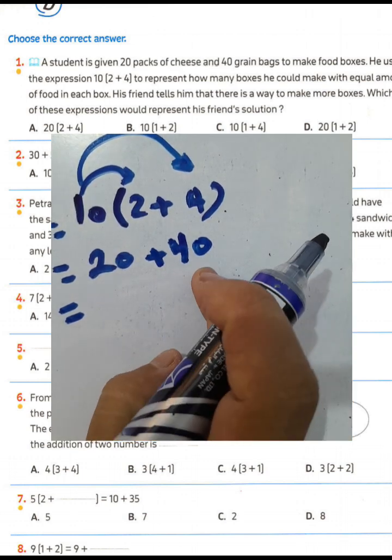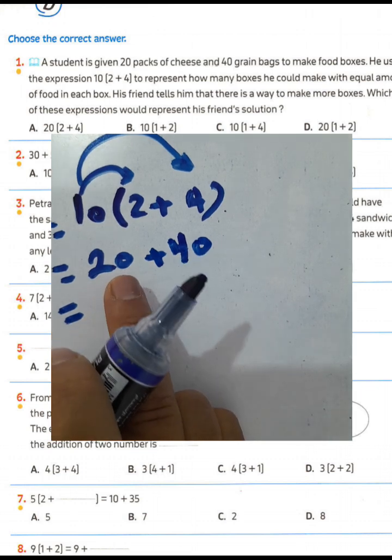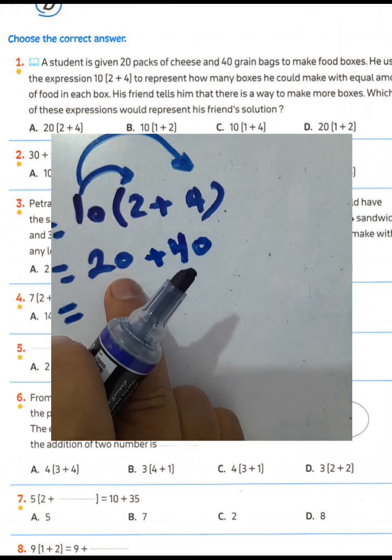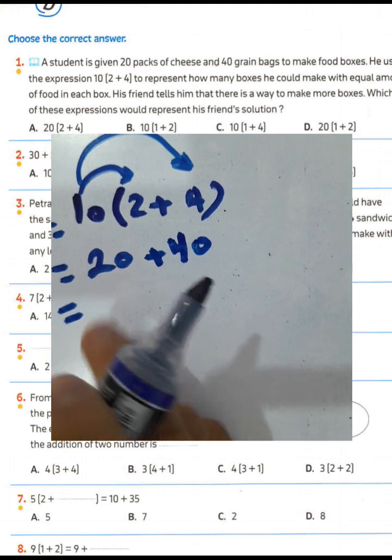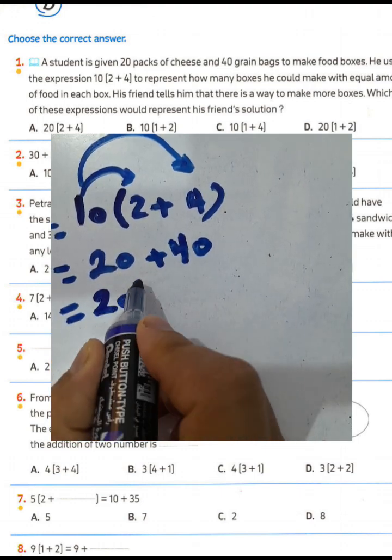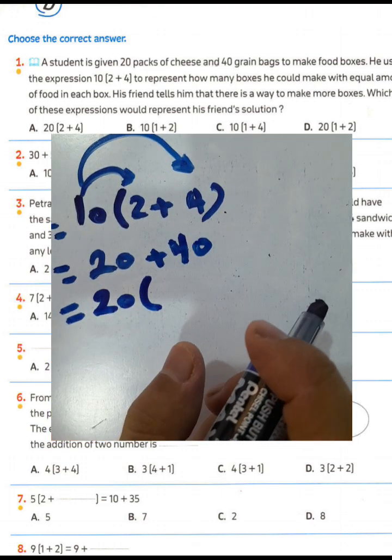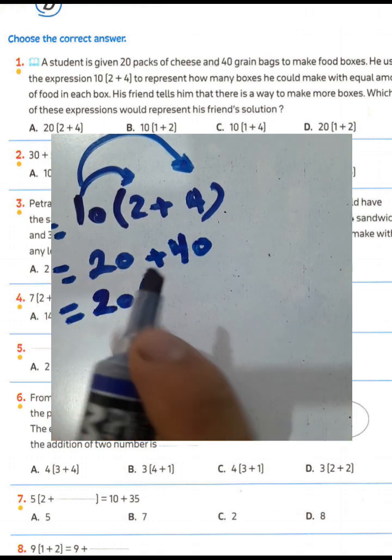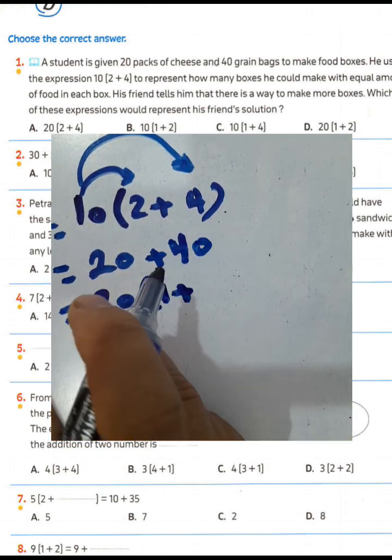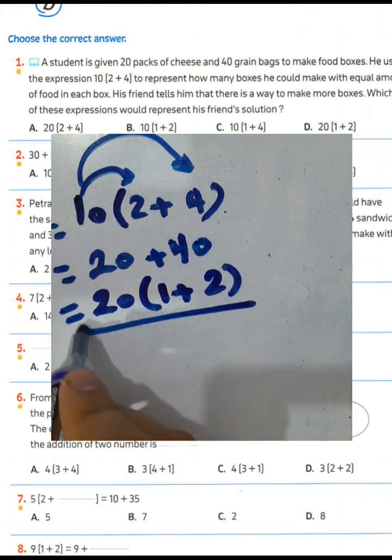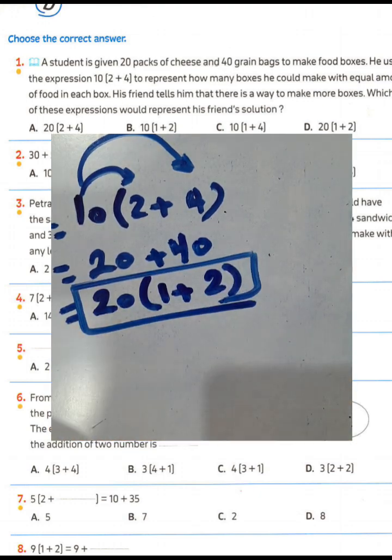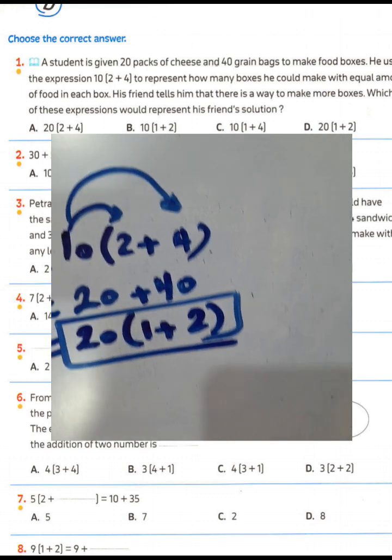We know 40 can be divided by 20. 20 is the highest common factor between them. Then you can write 20 outside, the coefficient between two numbers here. 20 divided by 20 equals 1, and 40 divided by 20 equals 2. Then you can write this expression 20 times (1 plus 2). You must choose letter D.